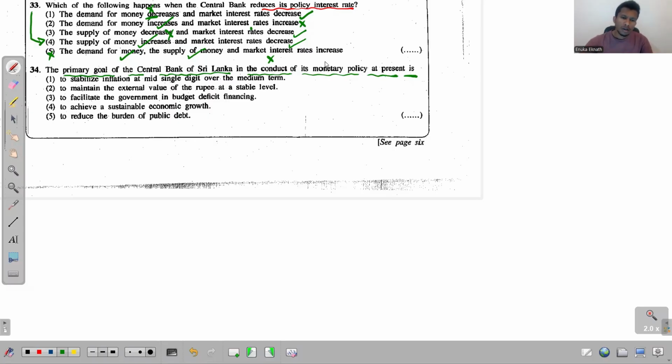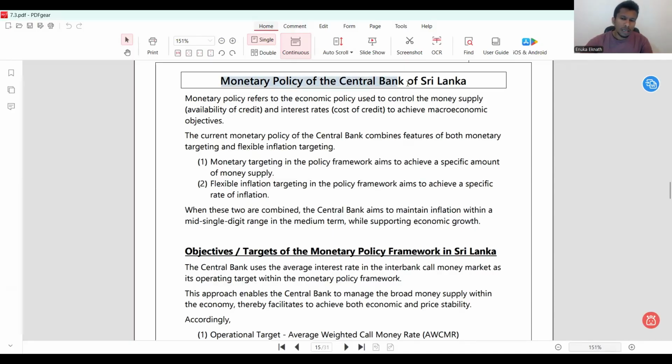So we get the monetary policy of the Central Bank of Sri Lanka. And here it says the current monetary policy of the central bank combines features of both monetary targeting and flexible inflation targeting. Then I have explained the two. And then we get this note. When these two are combined, the central bank aims to maintain inflation within a mid-single digit range in the medium term while supporting economic growth.